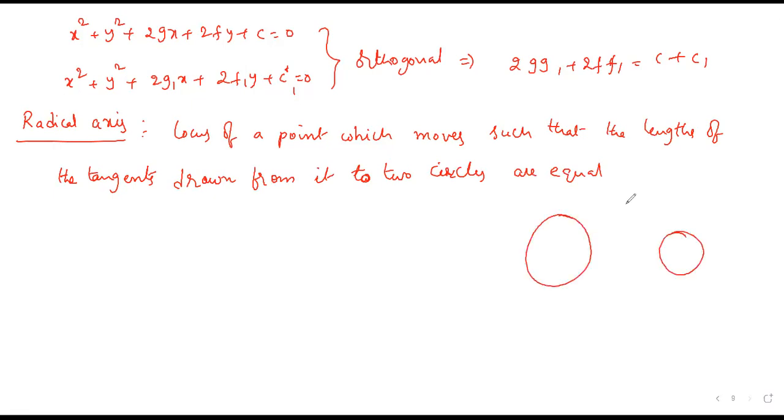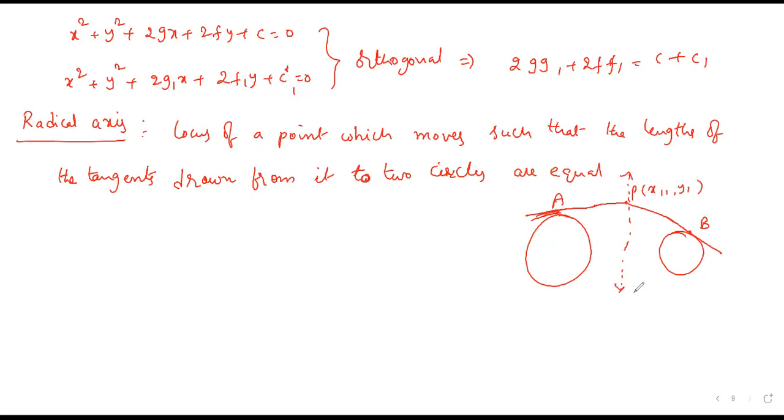From any external point P (x1, y1), if you take two tangents, one to each circle, PA and PB, and collect all points which have equal tangent lengths, then the locus is called the radical axis.